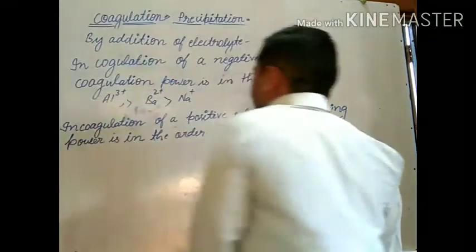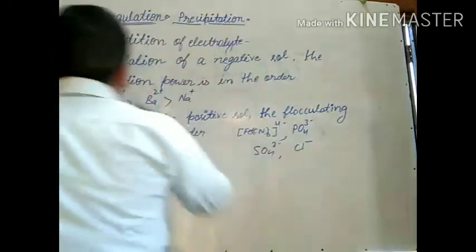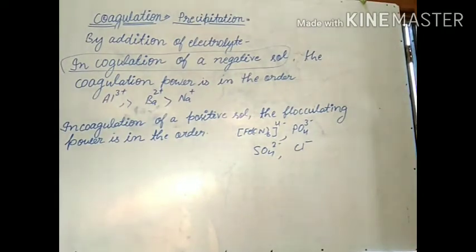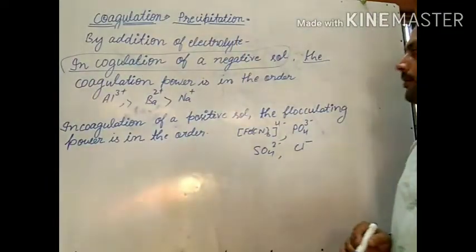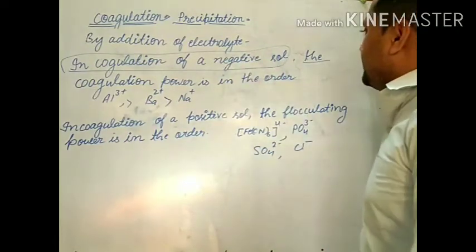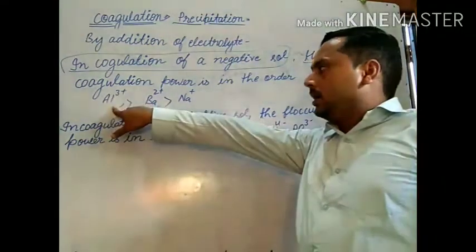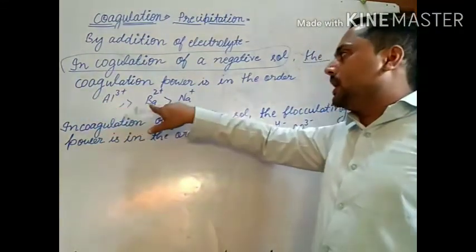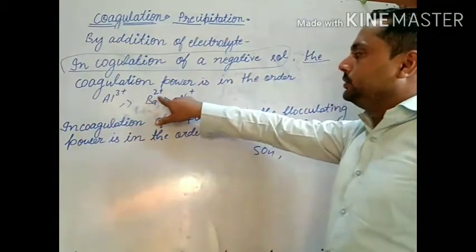In coagulation of a negative sol, the coagulation power is in the order Al3+, then Ba2+, then Na+, meaning valencies 3, 2 and 1.